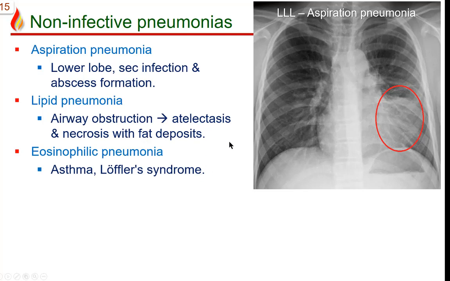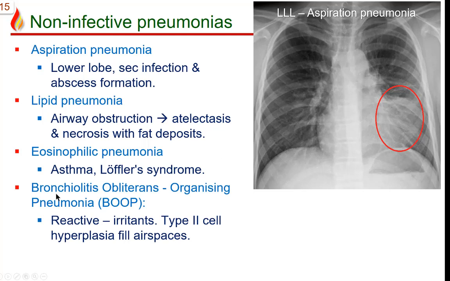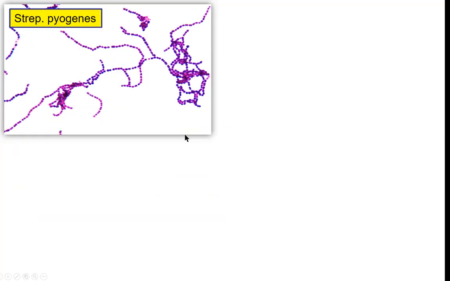Eosinophilic pneumonia, that is in hypereosinophilic syndromes, asthma, Loeffler syndrome, wherein the eosinophils are so many that it looks like pneumonia. Bronchiolitis obliterans, organizing pneumonia, BOOP, is reactive due to irritants, gas inhalations, with marked hyperplasia of type 2 pneumocytes, which fill the whole alveolar lumen. So it looks like pneumonia.